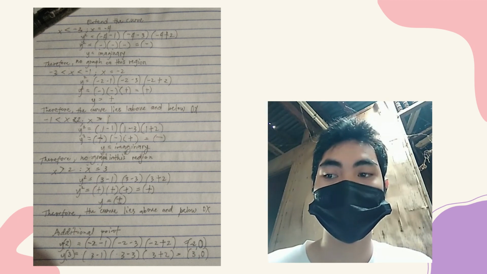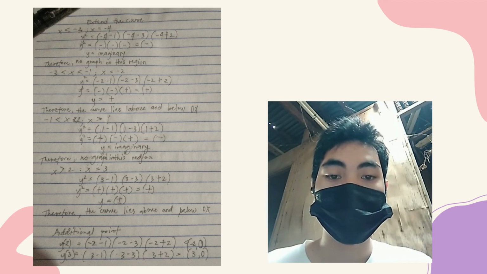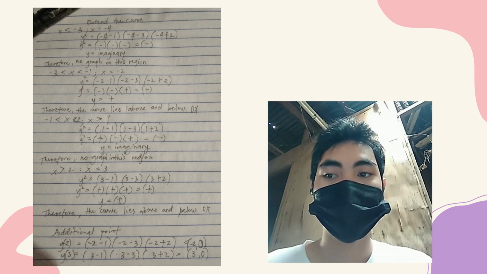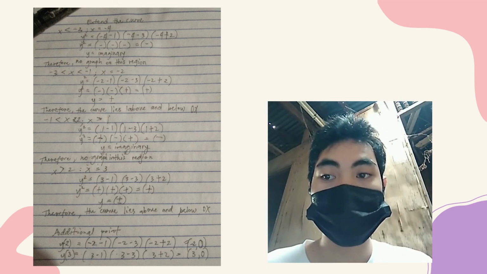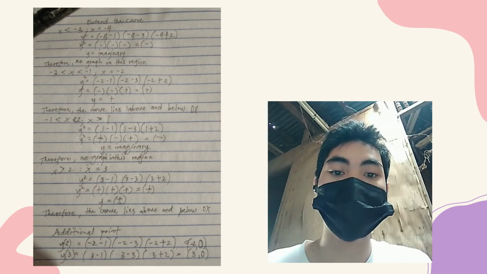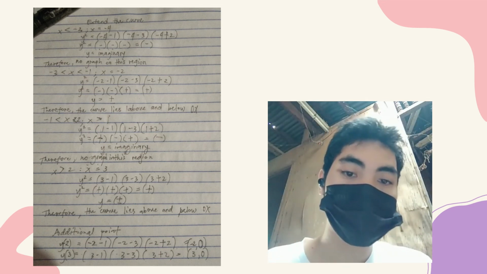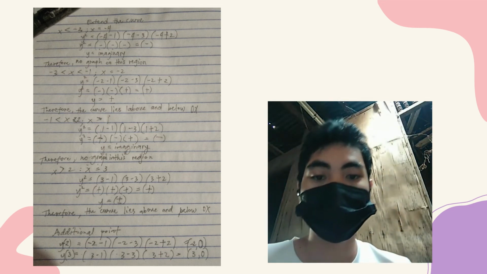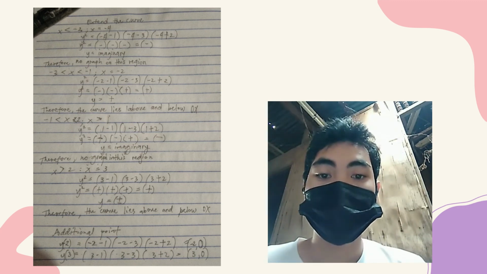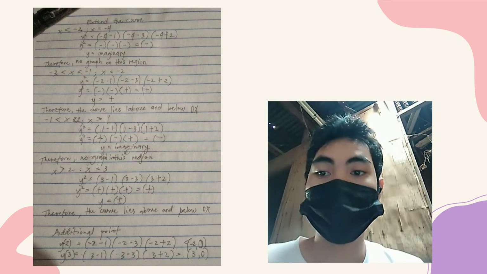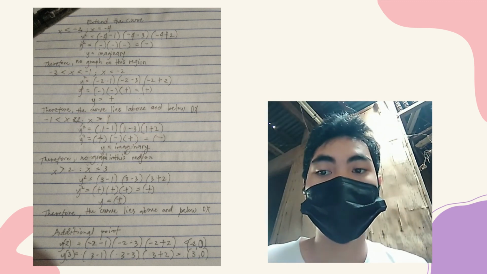So the signs will be negative times negative times positive, and it will become positive. So y equals to positive. Therefore, the curve lies above and below the origin of x.